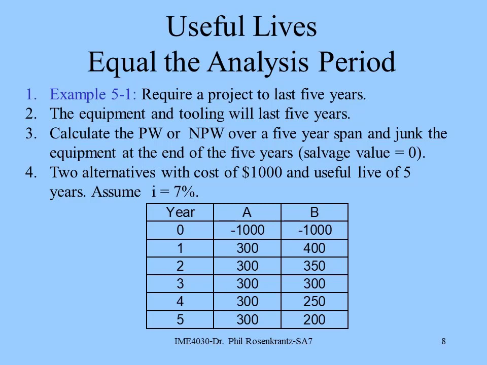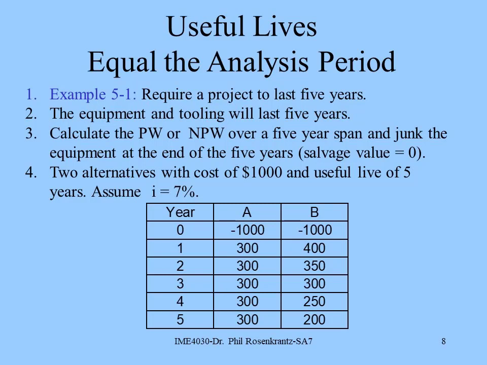We have a 5-year project. There's tooling and equipment that will last for 5 years, and we're going to calculate the net present worth over a 5-year span. That's our useful life. And for this example, we'll make it real simple. At the end of the 5 years, the salvage value of the equipment will be 0. We're going to just junk it.